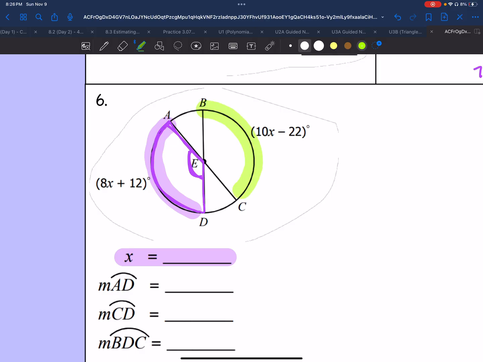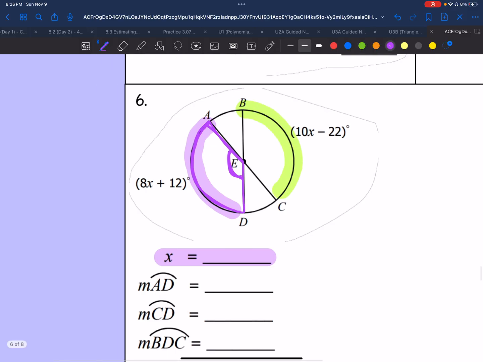Arc BC opens up to this angle right here. Notice that these angles are directly across from each other, so that makes them vertical angles, which makes them equal.